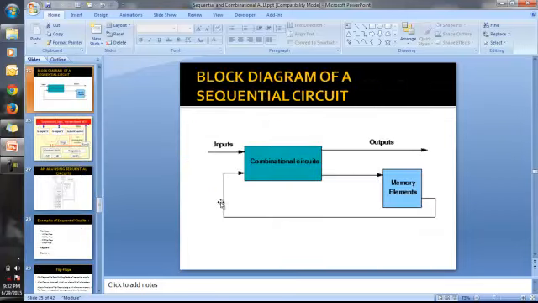So let us have a look at the block diagram of a sequential circuit. Here the input is taken to the combinational circuit with memory element. The combinational circuit will process the input as well as the memory element and then produce the output.